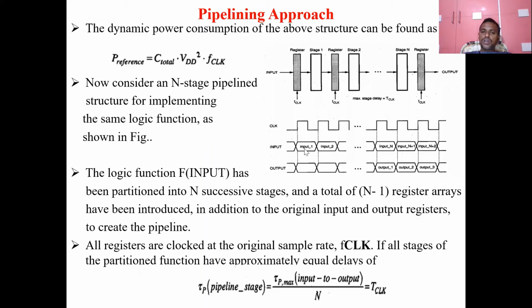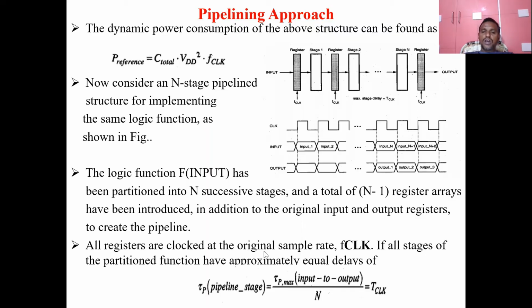Here we apply the input, and after n clock cycles we get output one. So the latency, the delay, is very high. Now I will consider that all the registers are clocked at the original sample rate f clock, and that all stages of the partitioned functions have approximately equal delays.